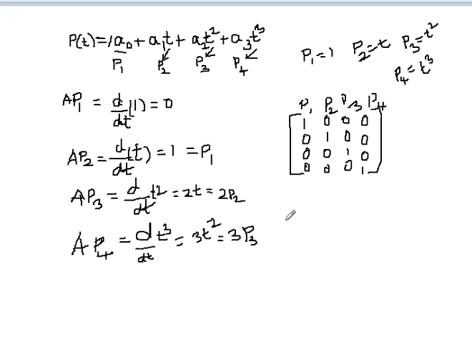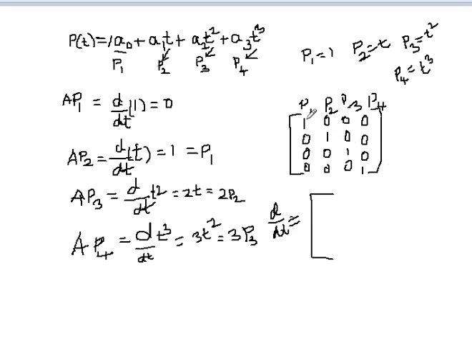Now this is P1, P2, P3 and P4. Then what is the differentiated version? The differentiation means d by dt. What is the d by dt matrix? The d by dt matrix is a differentiation operator A operated on those.